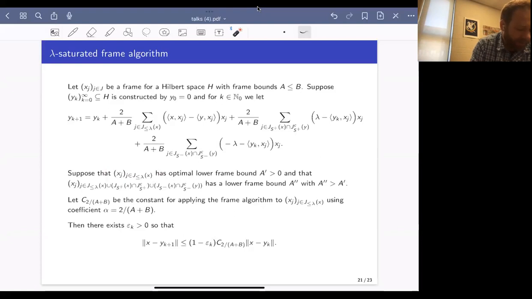And the normal frame algorithm, this would be the constant you would get for trying to recover X. Here with the unsaturated frame algorithm, I beat it some amount.